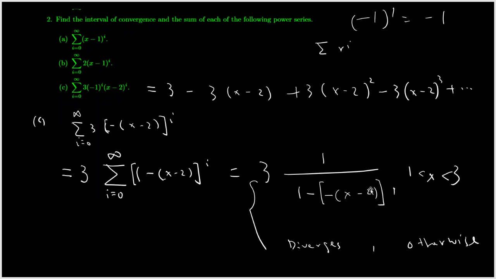I'm not going to do that. You could write the whole thing as x plus or minus some number, probably x plus 1. I'm not sure, but it's possible to simplify that. But the most important thing is the interval of convergence. The interval of convergence is the open interval from 1 to 3.